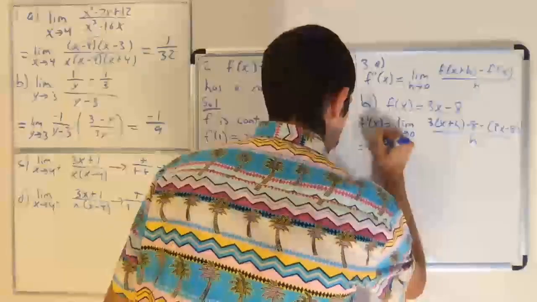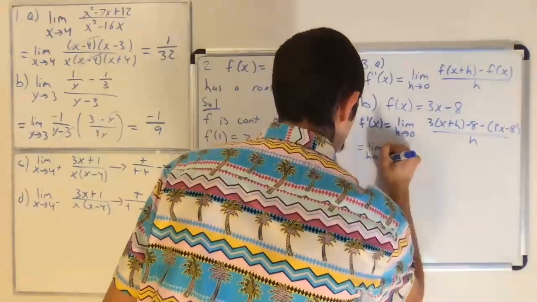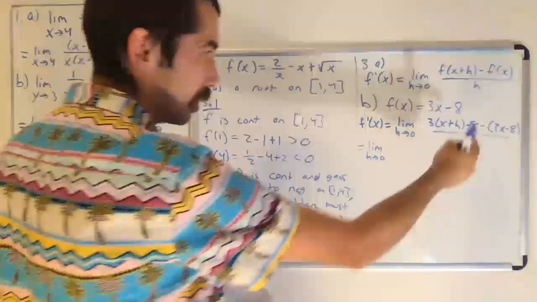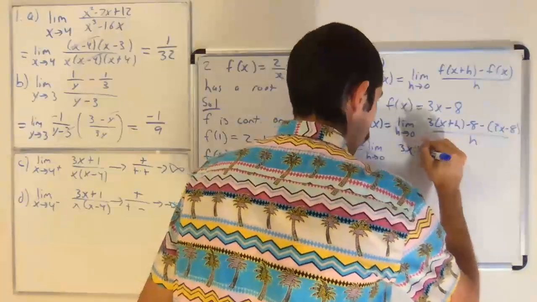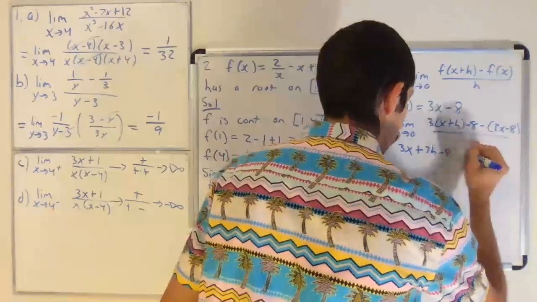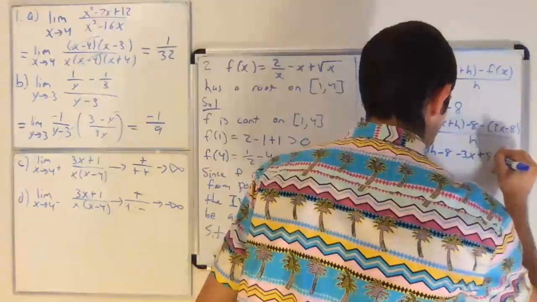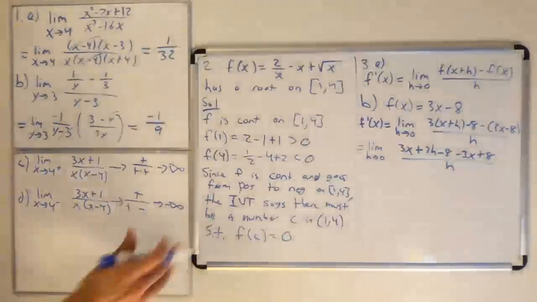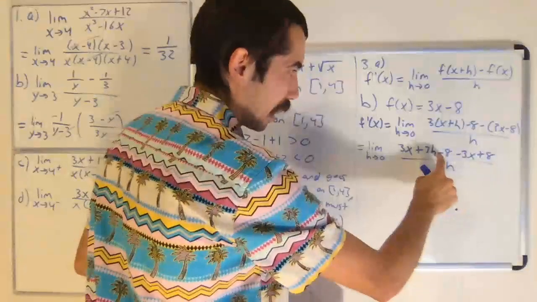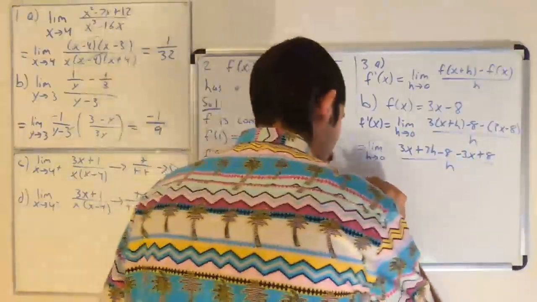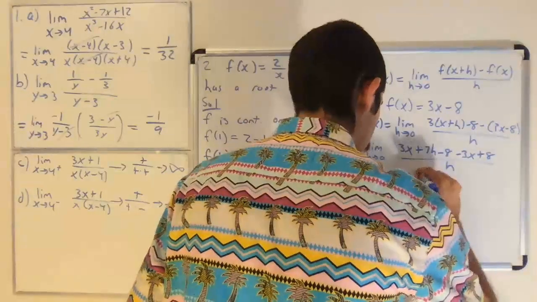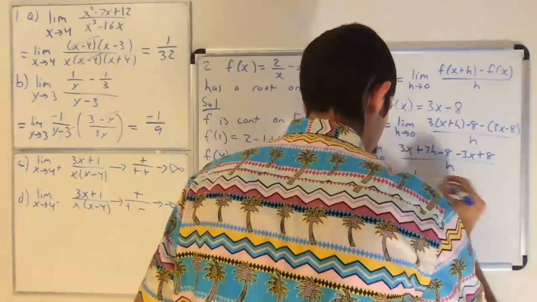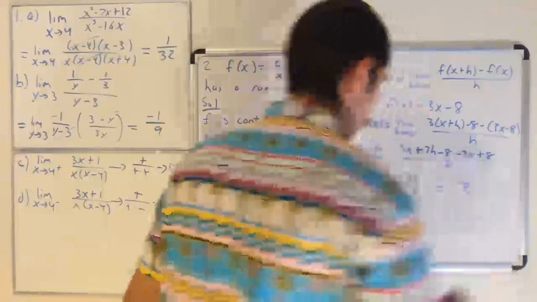And this is equal to the limit as h goes to 0, we could distribute out this 3, of 3x plus 3h minus 8 minus 3x plus 8 all over h. The 3x cancels with the minus 3x. The negative 8 cancels with the plus 8. We're left with the limit as h goes to 0 of 3h over h, which is equal to 3.